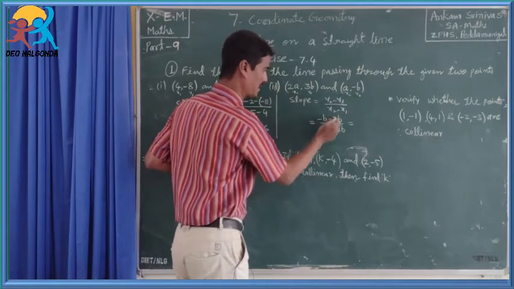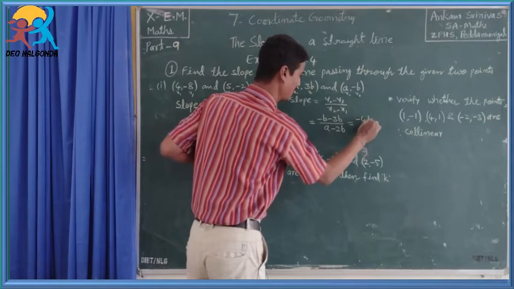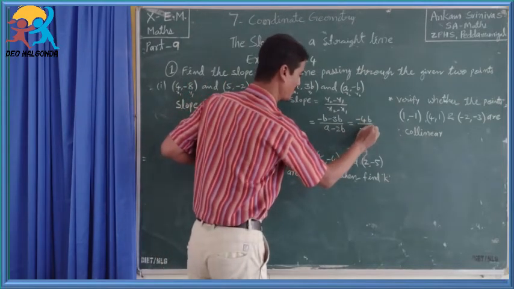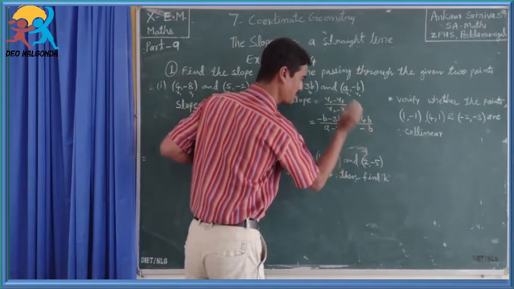Then minus 1 minus 3, minus 4b, by 1 minus 1, minus 1b, nothing but minus b.